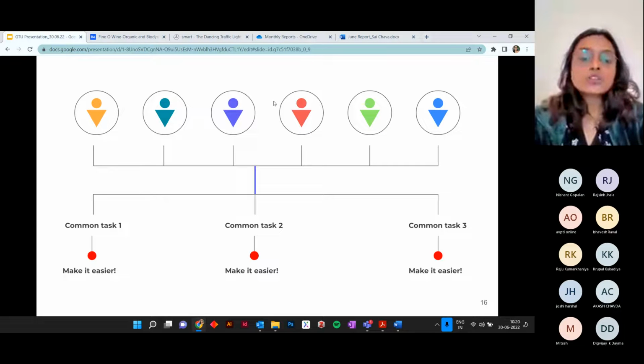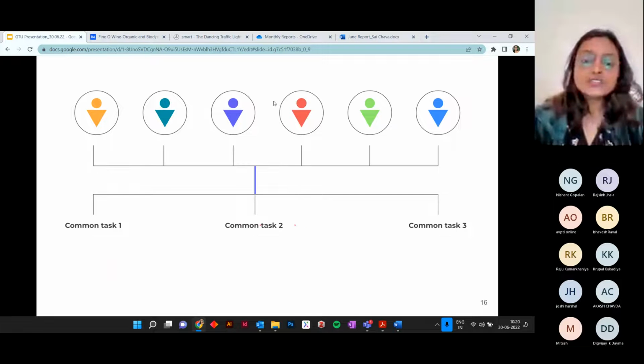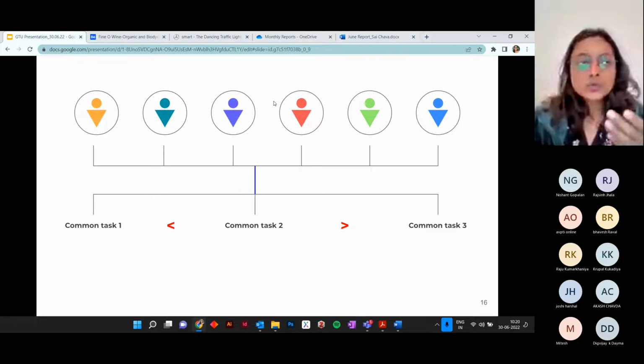And if we go around solving the common problems, then you're automatically making the experience better for all three demographics, which is students, professionals, and children. And if there are too many tasks that you have to cater to, you can prioritize which one you want to solve first. You can say, the common task 2 is more important to me, so I'm going to solve that first and bring it into testing first.